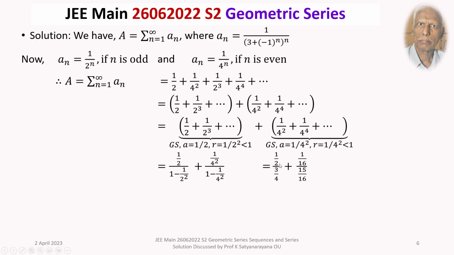So the first bracket sum is 2 by 3. The second bracket sum is 1 by 15 and the total sum is 11 by 15. Thus, A is equal to 11 by 15. That means the sum of the first series is 11 by 15 given by A. We continue in the next slide.